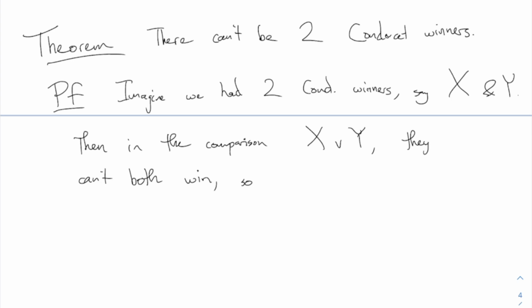So both cannot be the Condorcet winner. All right. So there is only one Condorcet winner. There cannot be more than one. That's the end of the proof.